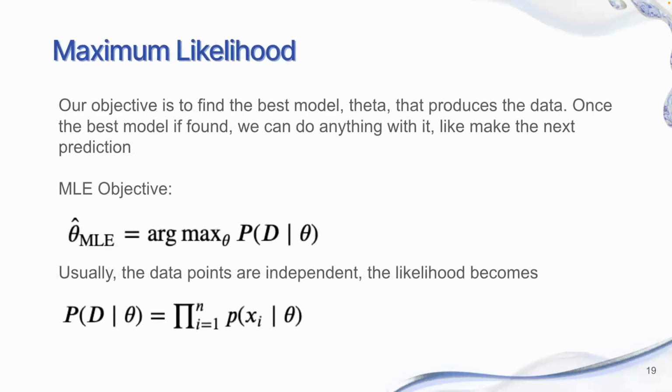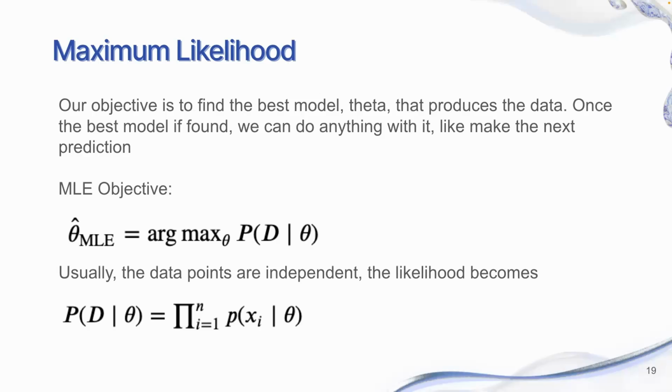So now let's talk about maximum likelihood. Our objective here is to find the best model that generates or produces the data. Once you have a model, you can do anything with it, like making the next prediction, or you can generate new data, which we'll see later.